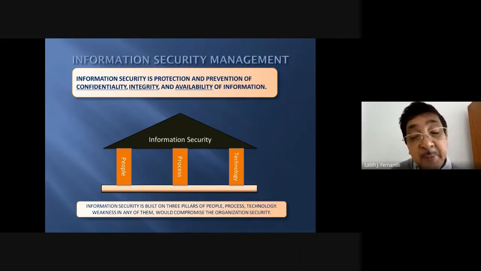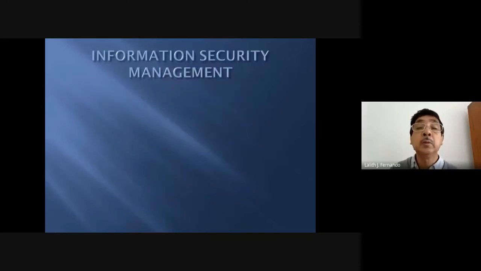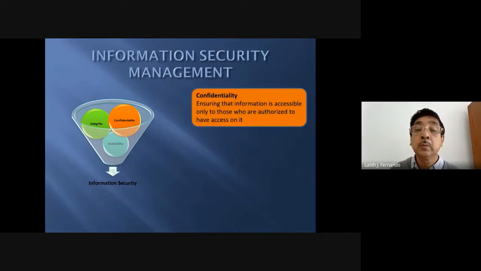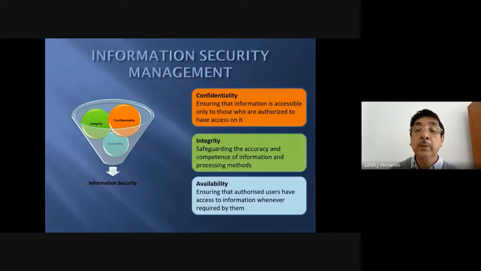It can be a weakness of people, it can be a weakness of process, it can be a weakness of technology. Right. Now you can see in detail what you mean by managing the integrity of information, managing the confidentiality of information, managing the availability of information. So that is what you call security.